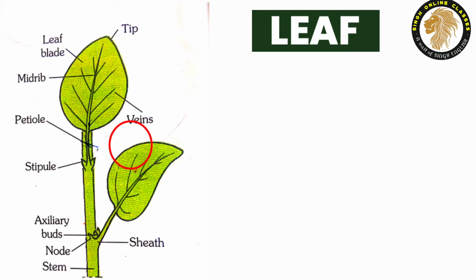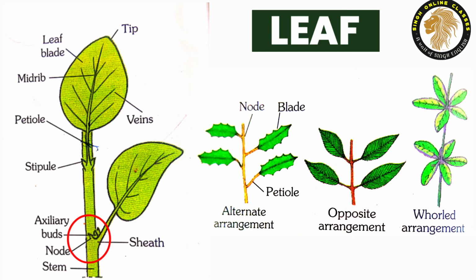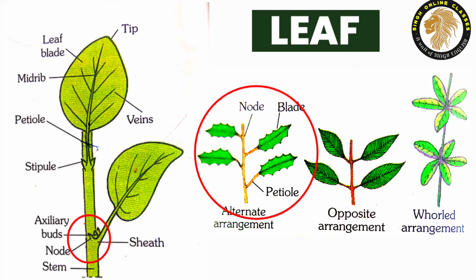The leaves and branches are joined to the stem at the nodes. The part of a stem between two nodes is called the internode. When only one leaf is attached at each node, the stem shows alternate arrangement of leaves.